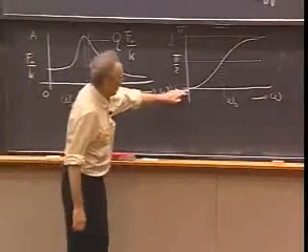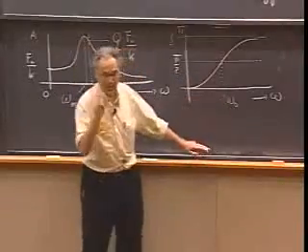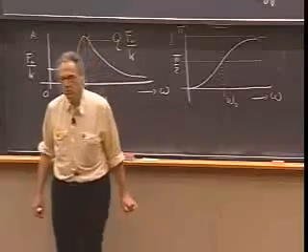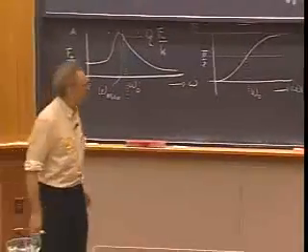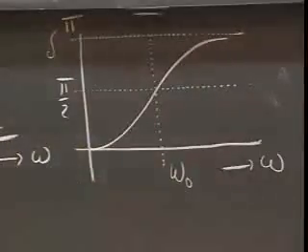You are in phase at very low frequencies. At resonance, precisely at omega 0, you hit the pi over 2, 90 degrees out of phase. And at very high frequencies, you will see that the two are out of phase, and I will be able to demonstrate that to you.